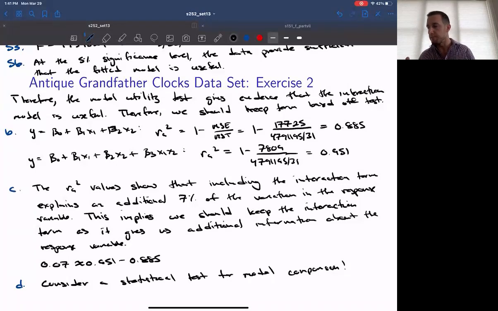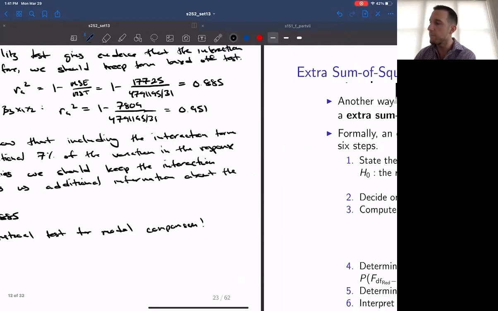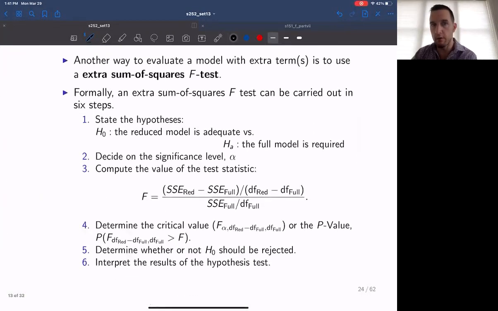Given the adjusted R-squared comparison that we have just considered, it follows that our decision-making process would benefit from having some kind of statistical test that would allow us to compare the models. It turns out that if we are working with two models from the same data set, and one model is a subset of the other, we can compare those two models to determine if the additional terms are actually needed.